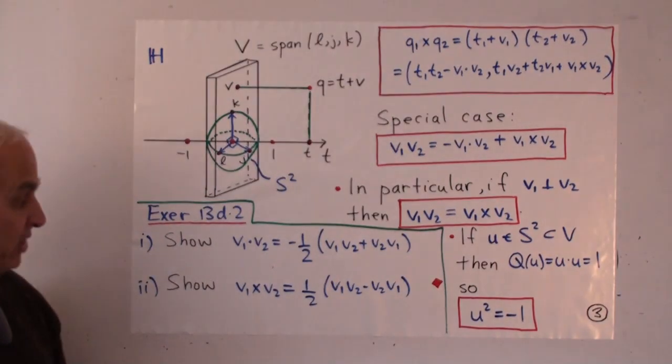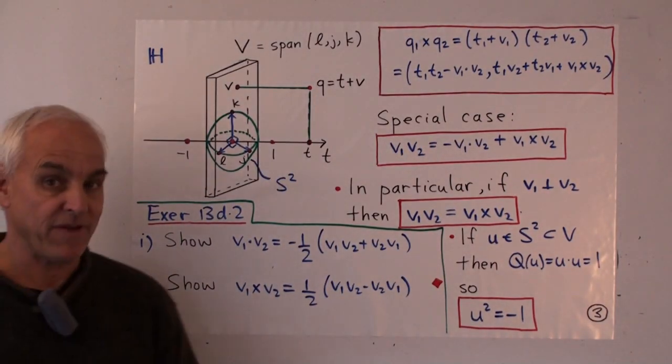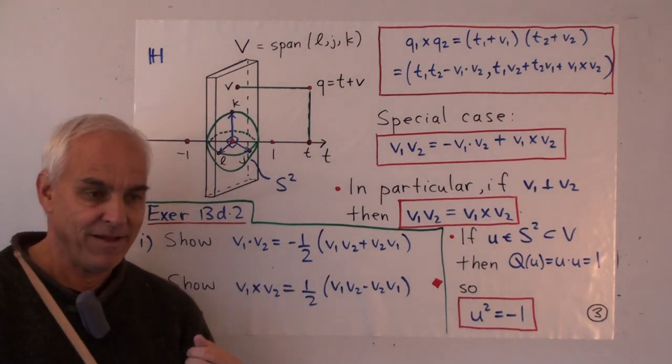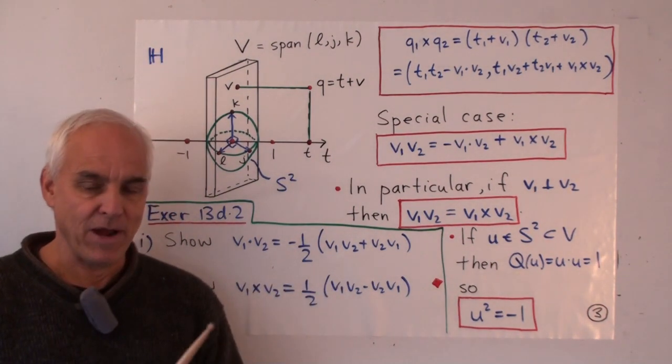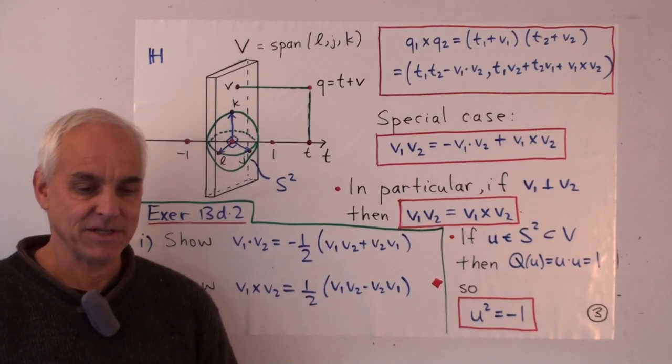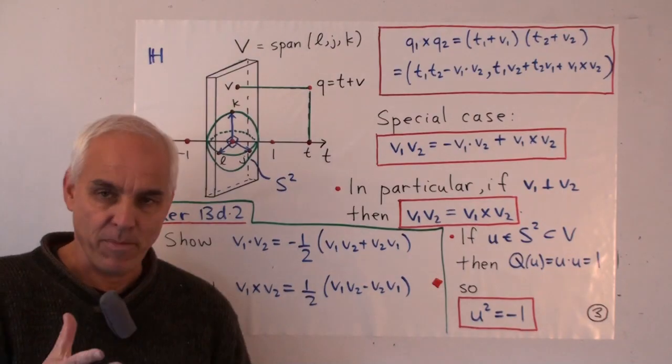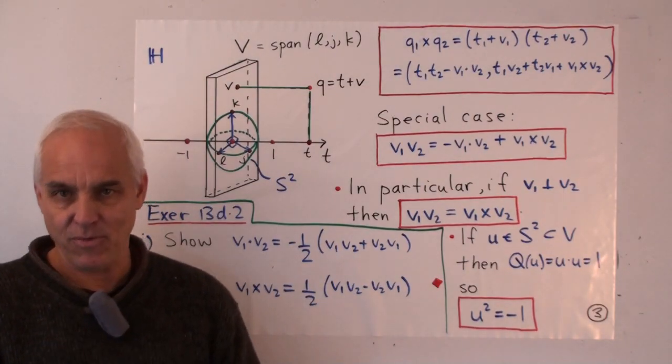That was a major point made by the supporters of Hamilton in the controversy between whether quaternions are the right way of describing physics, or whether the dot product cross product formulation of Gibbs was a better way.